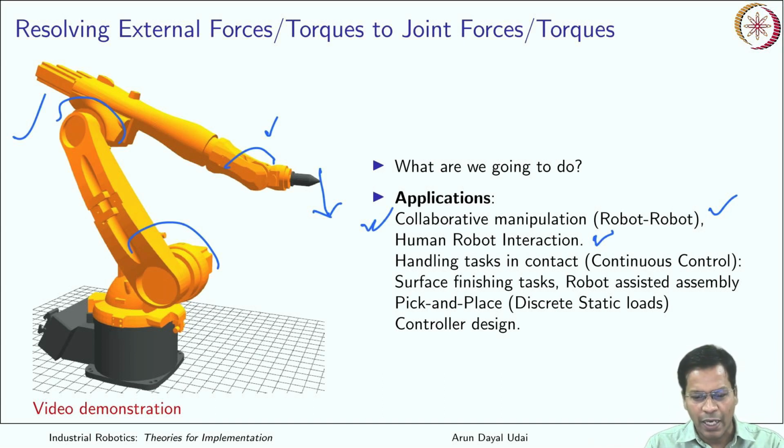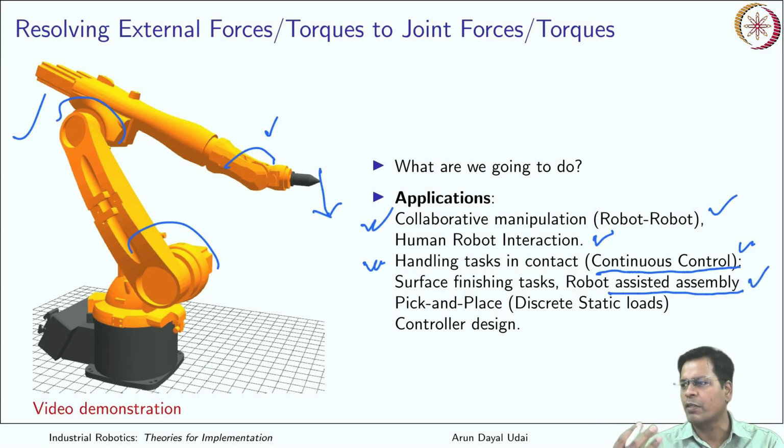Handling tasks in contact is a continuous control. Surface finishing tasks and robot assisted assembly are again continuous tasks that a robot can do. All the time it may be driven by some sort of external constraints also.